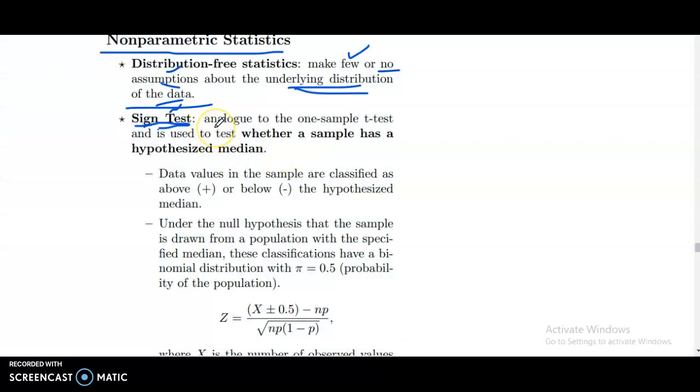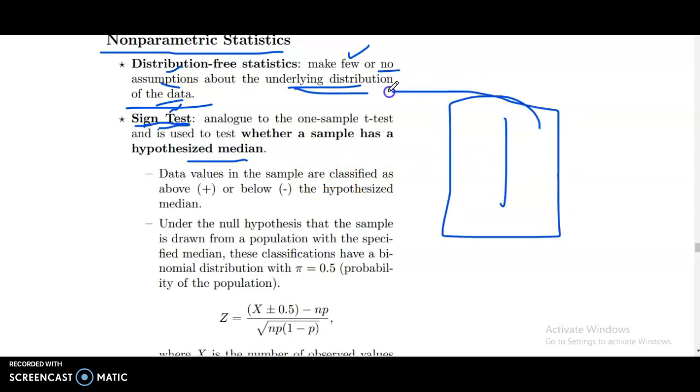It is analogous to the one sample t test, and is used to test whether a sample has a hypothesized median.